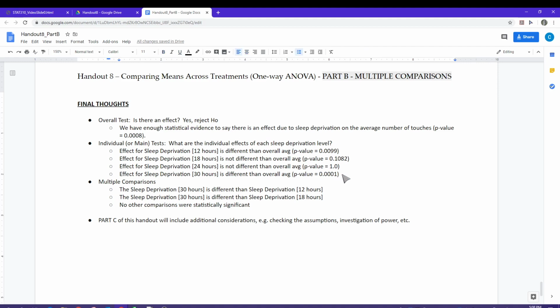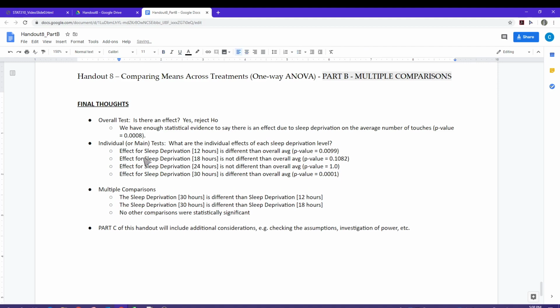Also in Part A, we looked at the individual, or what we call the main effects. Was there an effect due to 12, different from the overall average? And there was. Was there an effect due to 30, different from the overall average? And there was. So these are just the individual comparisons.